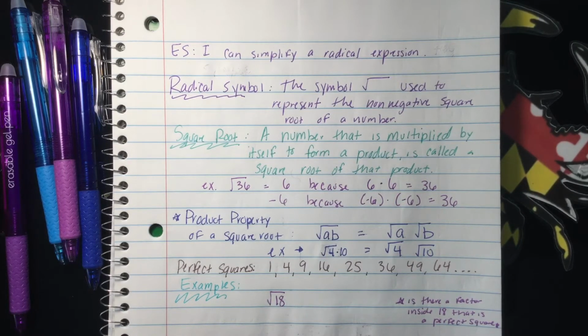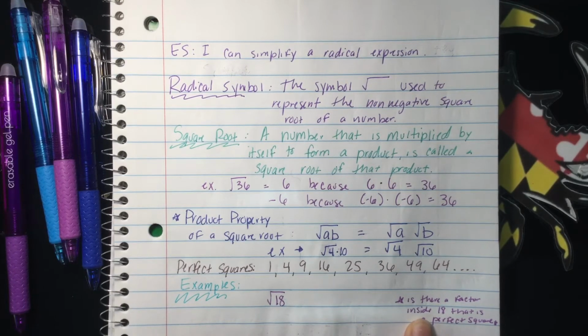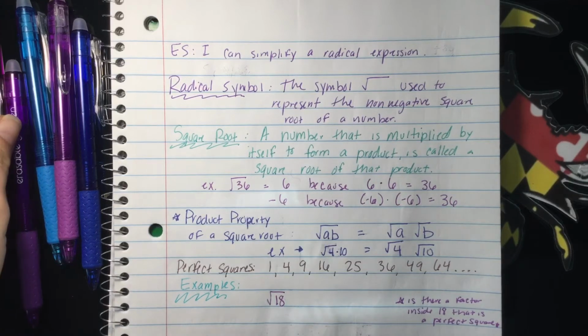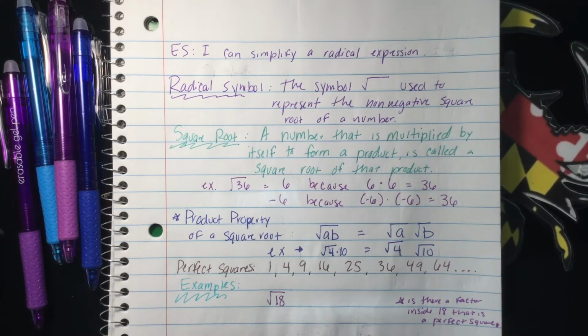So let's get to some examples of how we can break down radicals. The first question you want to ask yourself is, is there a factor inside 18 that is a perfect square? Or is there a factor inside any of these examples that is a perfect square? One of my favorite math tricks is that if I get a little confused and a little lost, I know that if I add these two digits, 1 plus 8, that is going to equal 9.